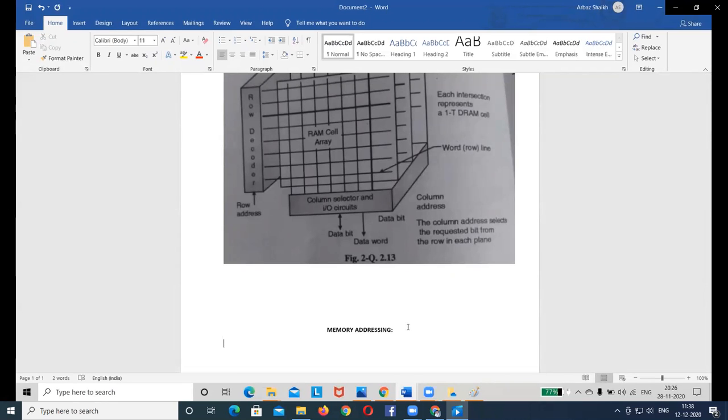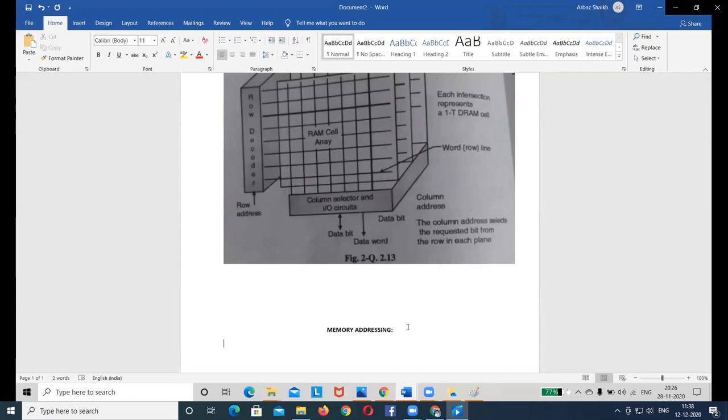A memory address is the identifier for a memory location where a computer program or hardware device can store data and later retrieve it. That is, where data is stored and retrieved, that is the memory address.